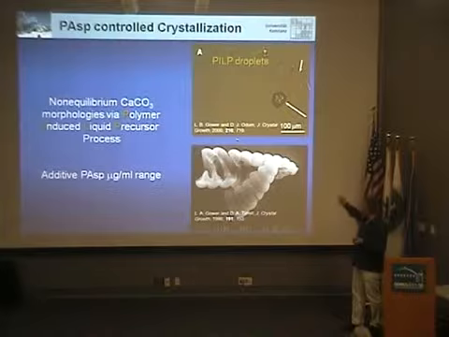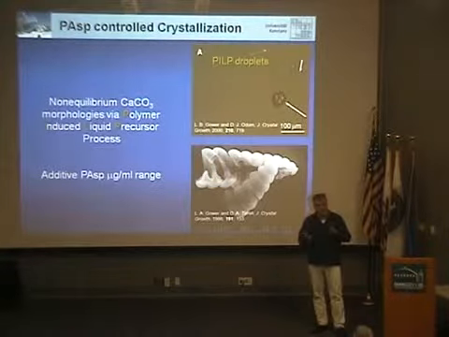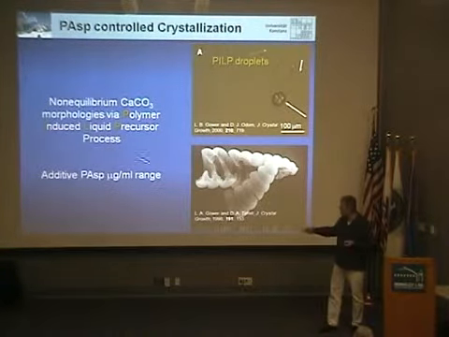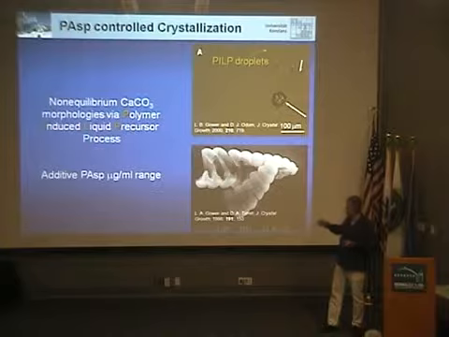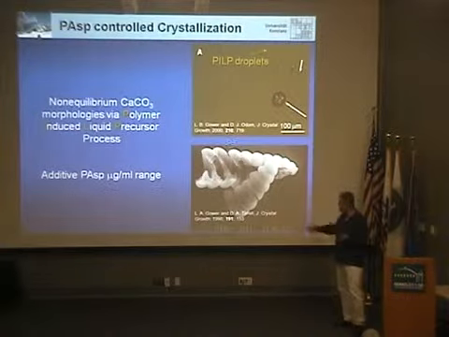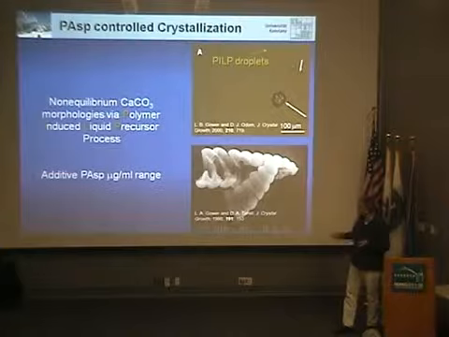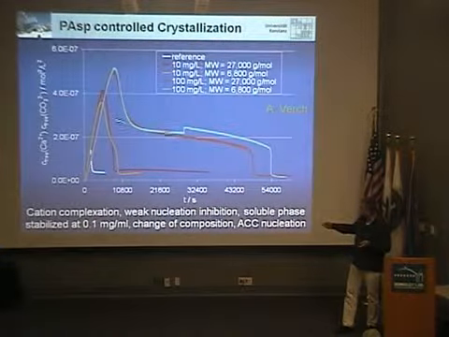This is taken from a paper of Laurie Gower. These are the so-called polymer-induced liquid precursor phases. This means material which you get at a low polymer concentration, in the microgram per milliliter range, where you have precursors which are liquid, and then they eventually crystallize, and you can form very, very complex shapes. There's a lot of work done by Laurie Gower on this, and here we can now trace that for the first time.